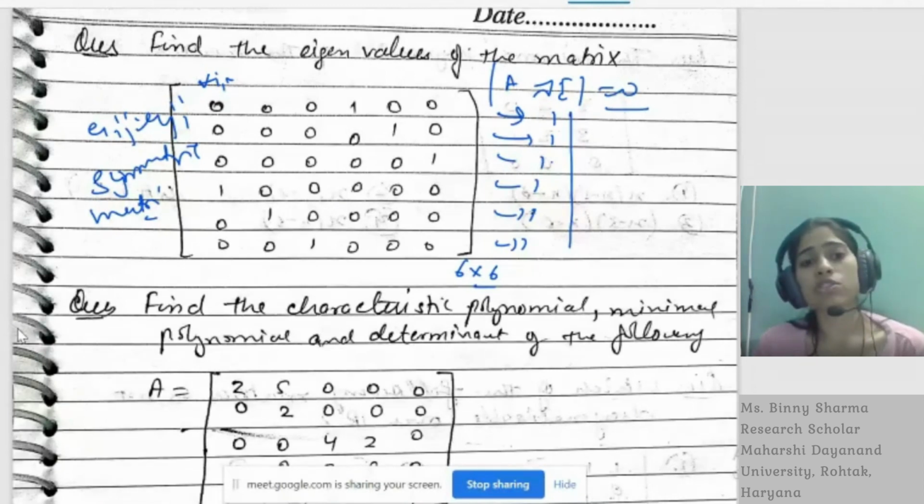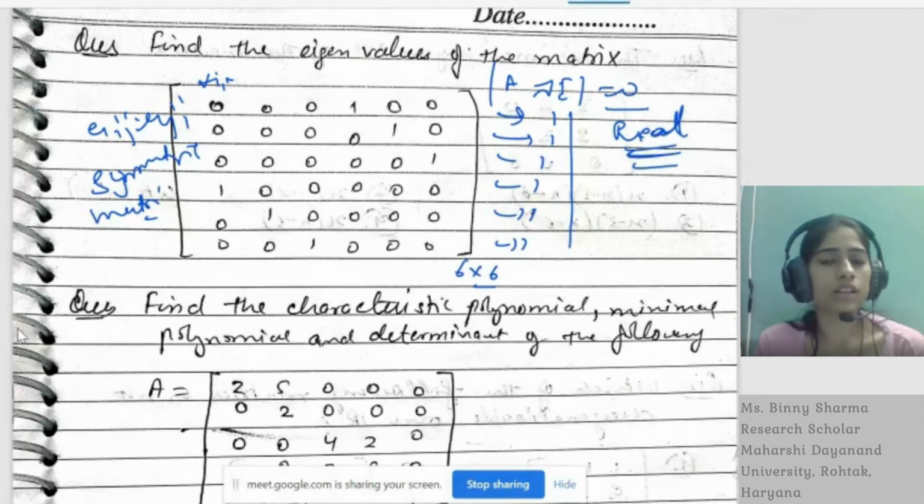Now the eigenvalues of a symmetric matrix are always real. Now we observe this is also an orthogonal matrix. An orthogonal matrix satisfies A into A transpose equals identity, or we can say this is a permutation matrix.